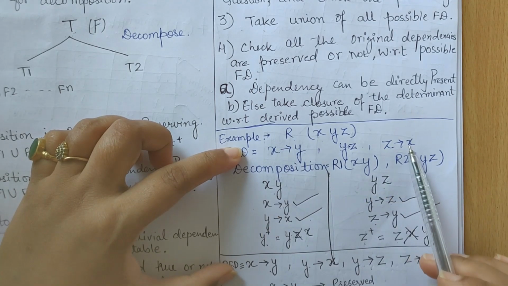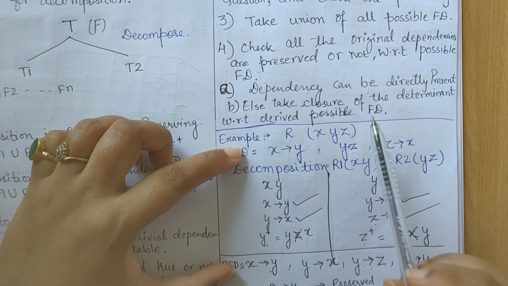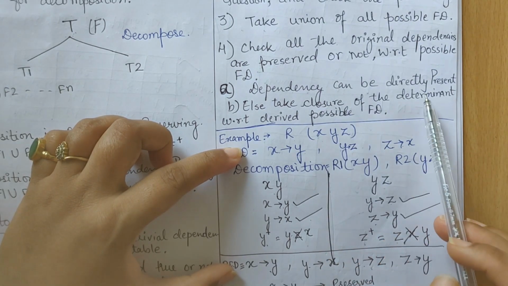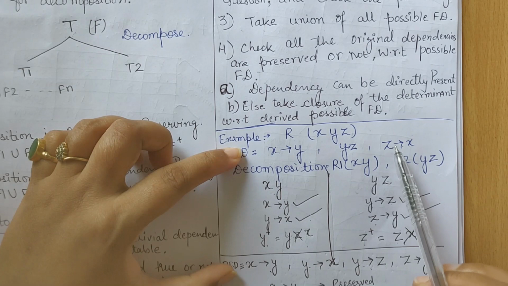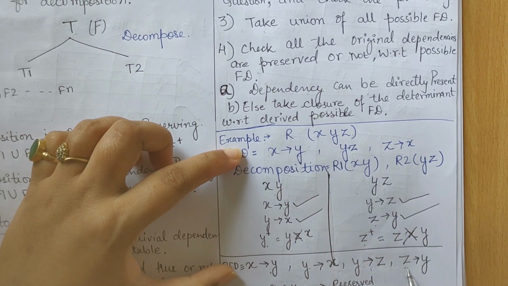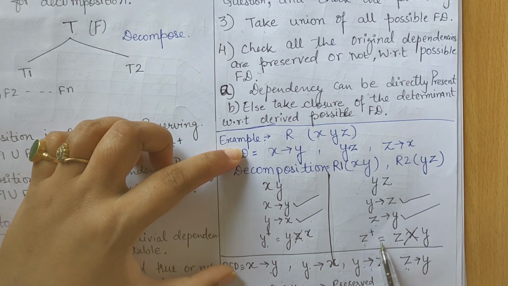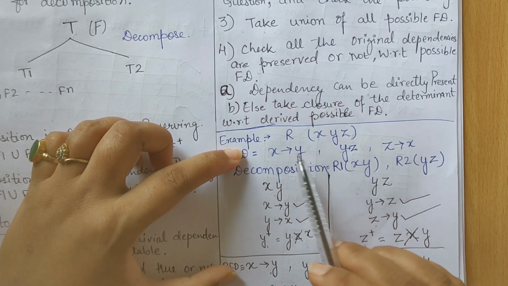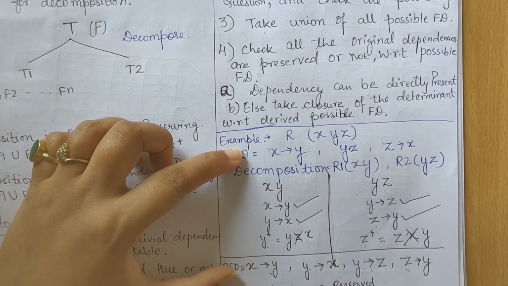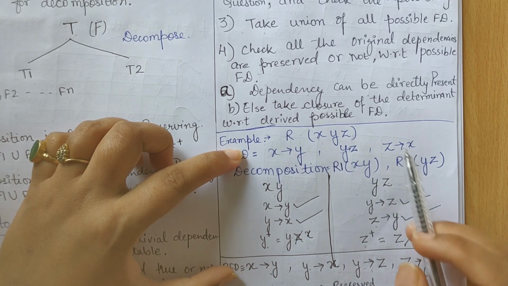If the dependency is not directly present, then what do we have to take? We have to take the closure of the determinant, with respect to the derived functional dependencies. Earlier we took the closure with respect to the original functional dependencies. Here we have to take the closure with respect to the derived functional dependencies.